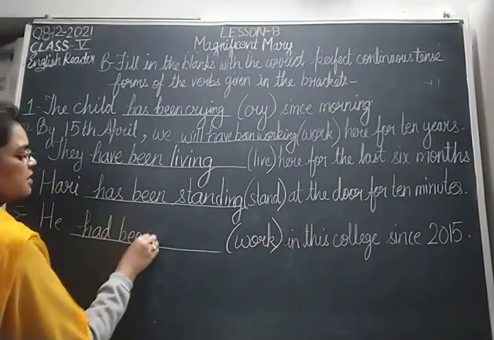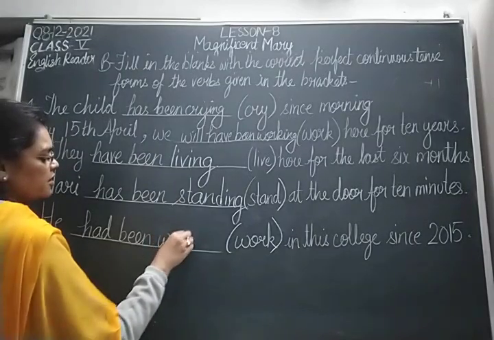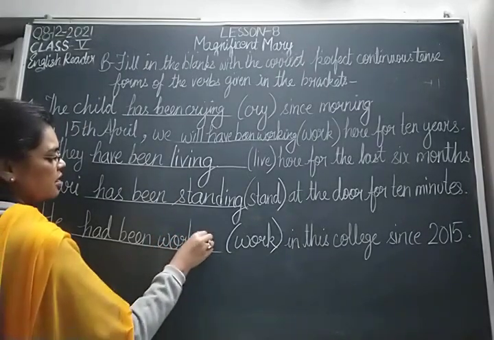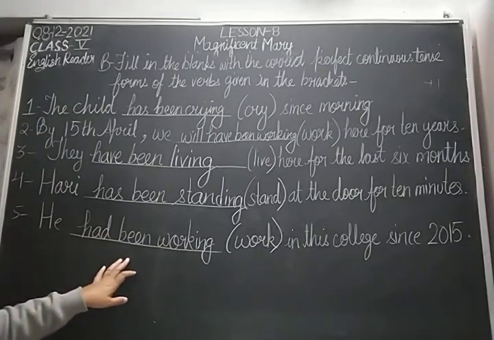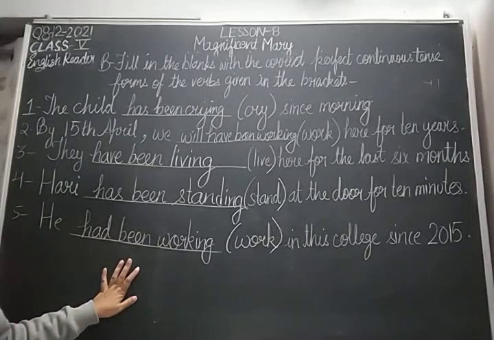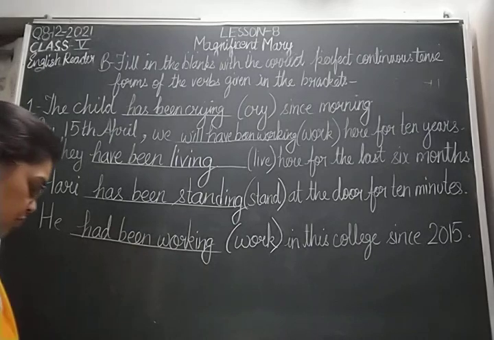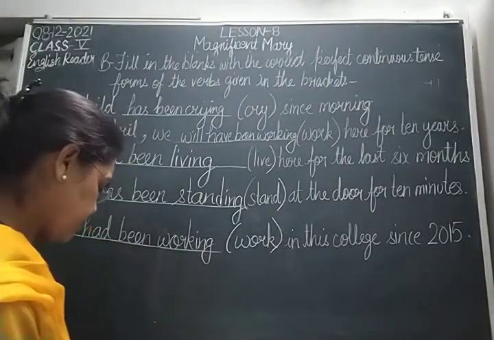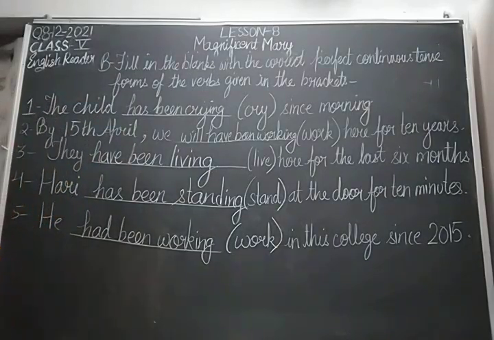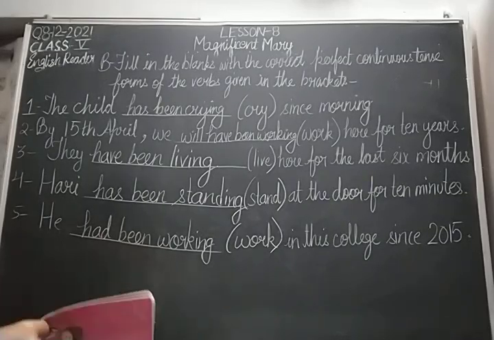If we write has been, that is also correct. So he had been working in this college since 2015. So with this, children, we have finished our exercise B of Grammarly, and I'm sure all of you have completed this exercise.